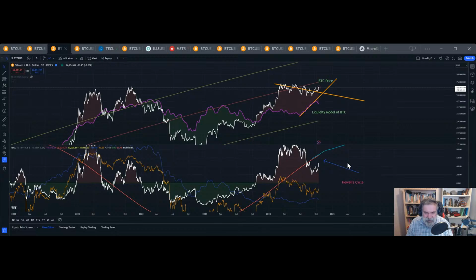Howell is an expert in liquidity, and he identified these 65-month cycles. I don't know how he calculates them, but I kind of stole from him the sine wave, because he had this sine wave that was supposed to represent the cycles, again, kind of a simplification.